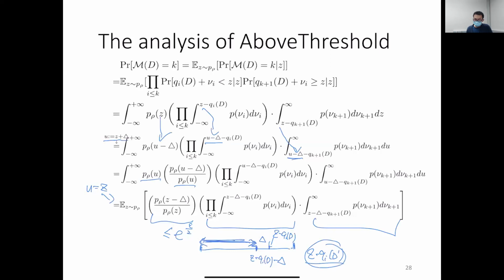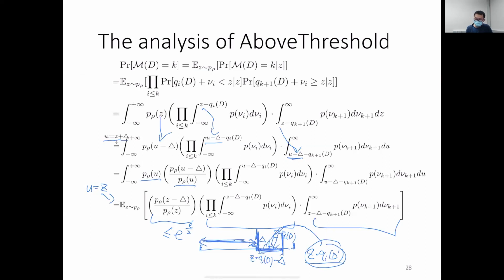Since QID and QID prime differ at most by delta, I argue that it needs to appear within this window, plus and minus delta, right? So no matter where this is, it needs to be somewhere within this window.